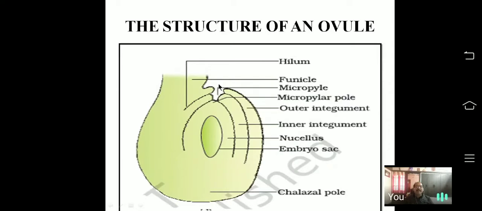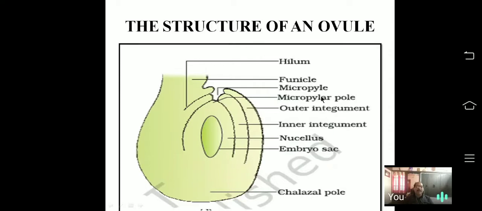This end is commonly called the micropylar end, since the micropyle is present here. Its opposite end is called the chalazal end or chalazal pole. This is the structure of the ovule.